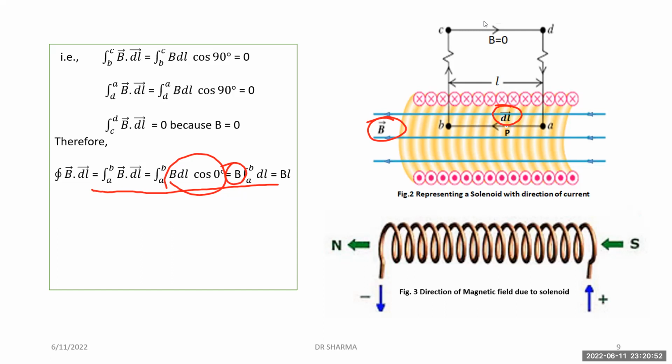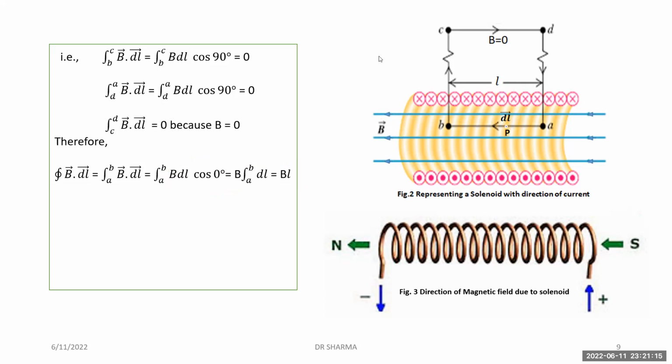And integration from A to B of dl means summing dl from A to B. That gives the total length of AB, which is small l. Hence, the line integration is equal to B times l.